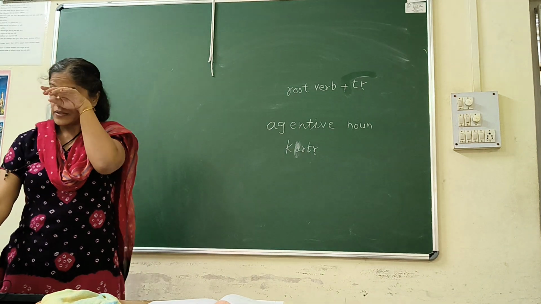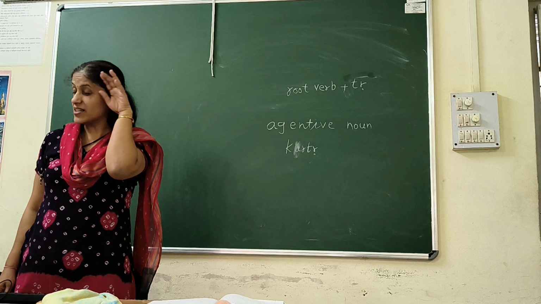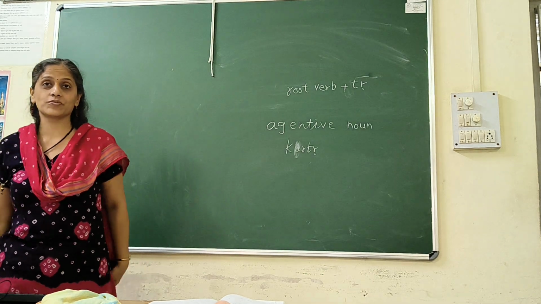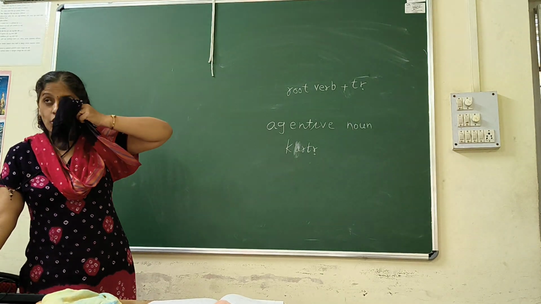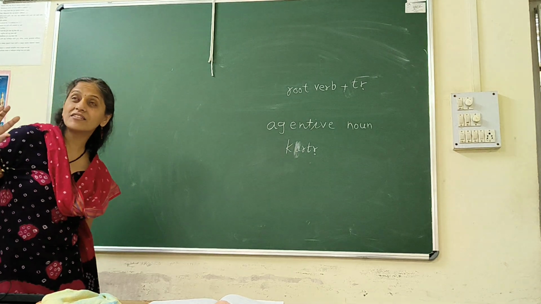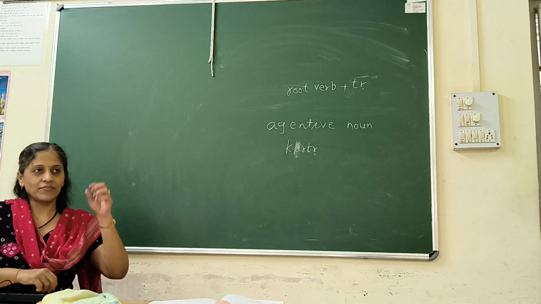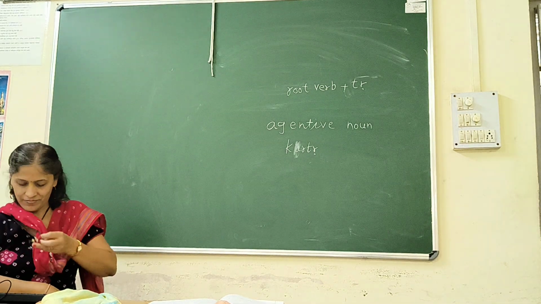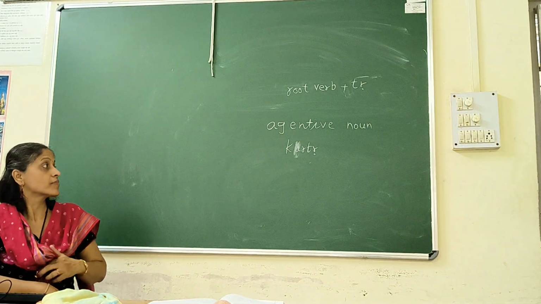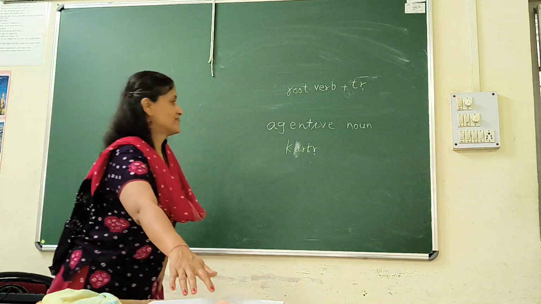And as I said, primary suffixes and secondary suffixes joined together, there are almost 500 in Sanskrit. We will not be learning all of them. The derivation of that word is difficult to learn. But I'll definitely give you some idea about it. Now clear? Yes, thank you.